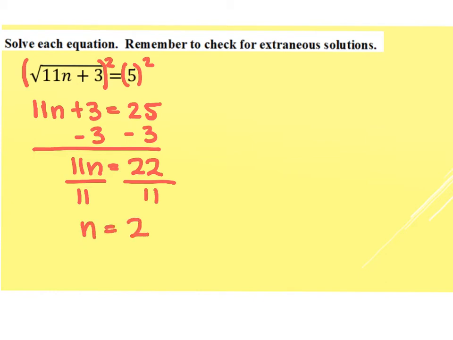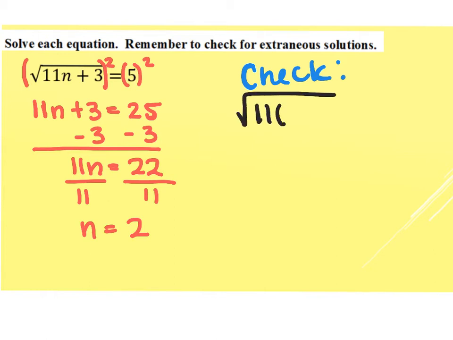and divide both sides by 11 to get n equals 2. Now, to check, we're going to plug it back into the original equation. So our original equation was the square root of 11 times, we solved to get that n equals 2, plus 3 equals 5.